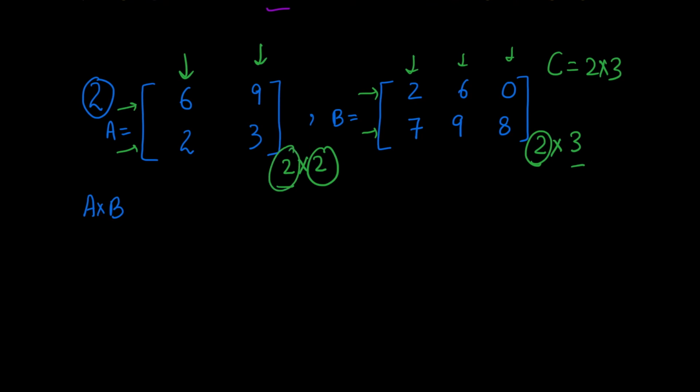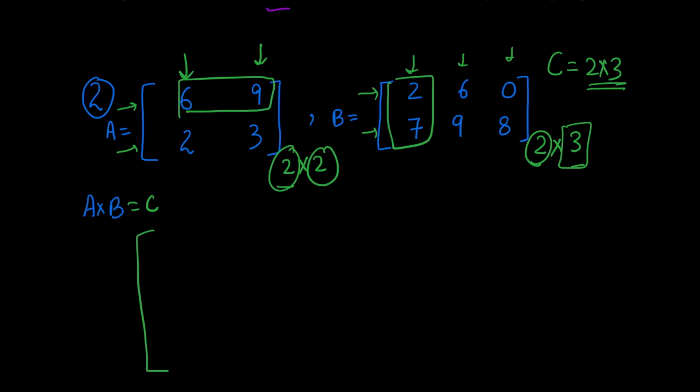Number of rows for A and number of columns for B, that will be the resulting matrix for C. C is nothing but the product of A and B. So let's begin with, again, in order to find the first element, you need to select first row and first column. So let us just do this step by step. So this becomes 6 times 2 plus 9 times 7.